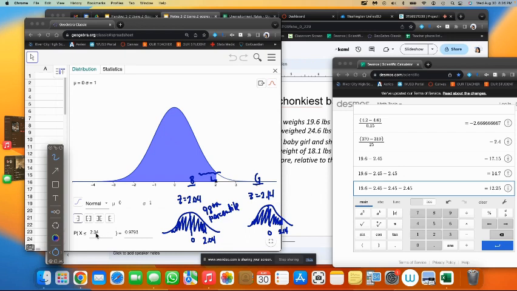Then we do the same thing for the baby girl, but this is 2.14. We're still looking to the left because it's percentile, so that's 0.9838. So that's also going to be the 98th percentile.